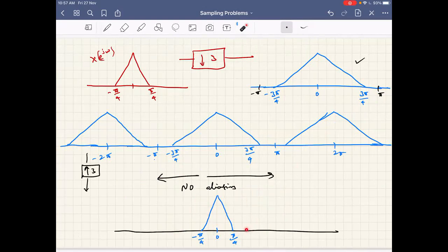So you should sketch the next replicas also before applying the filter. Okay. So what is this value now? Tell me. 2 pi minus 3 pi by 4. That comes to what? 2 pi minus 3 pi by 4.